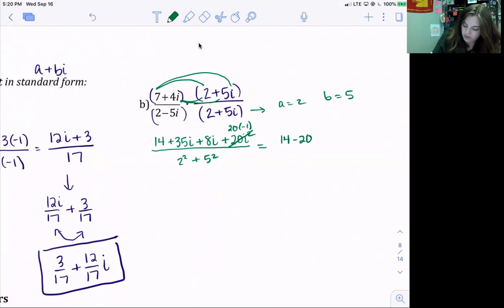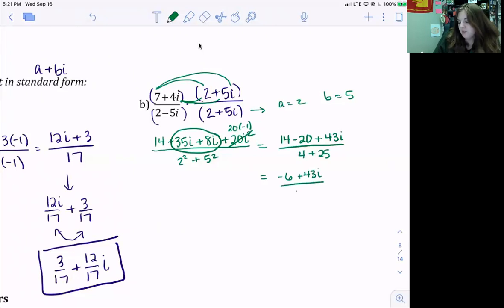Then we have 35i plus 8i, so plus 43i, all over 2 squared is 4, plus 5 squared is 25. 14 minus 20 is negative 6, plus 43i, over 4 plus 25 is 29, and then break it apart. So we have negative 6 over 29 plus 43 over 29i.